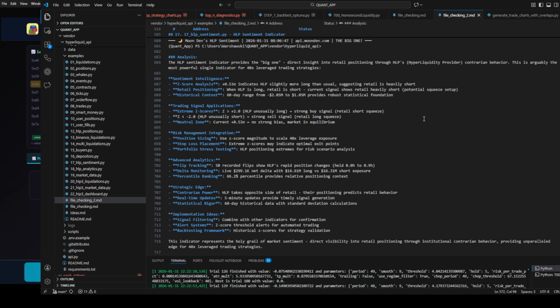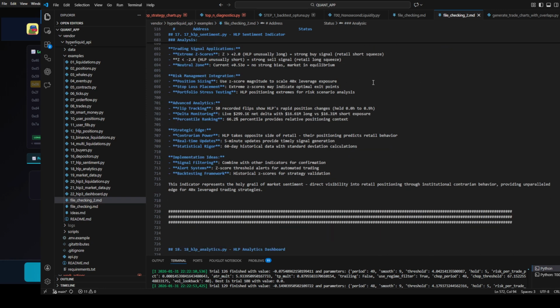Trading signal applications: extreme Z-scores, Z bigger than 2, HLP usually long, equals strong buy signal, retail short squeeze. Z lower than -2, usually short, strong sell signal. Neutral zone: current plus 0.53 equals no strong bias, market in equilibrium.